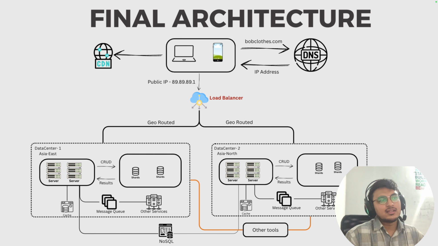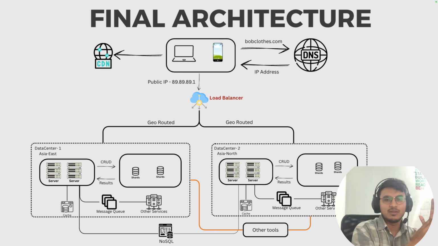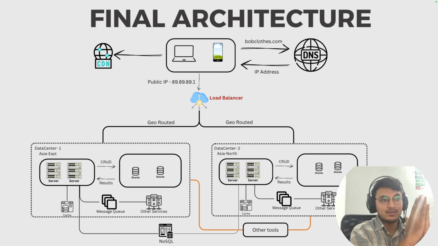Also, there is another important problem which we call the celebrity or hotspot problem. So if all traffic hits one shard, let's suppose in one shard we stored some data of Katy Perry or Justin Bieber, and so this shard is having Katy Perry's data, who is a very huge celebrity.